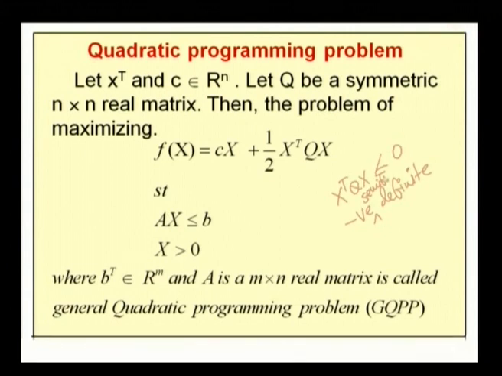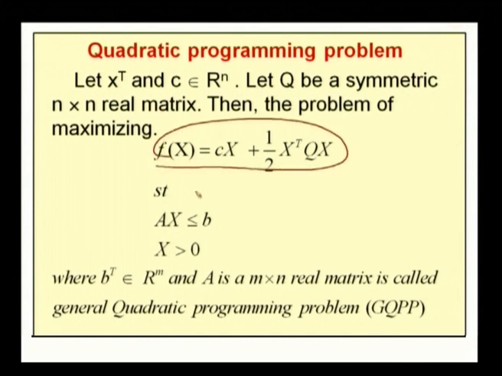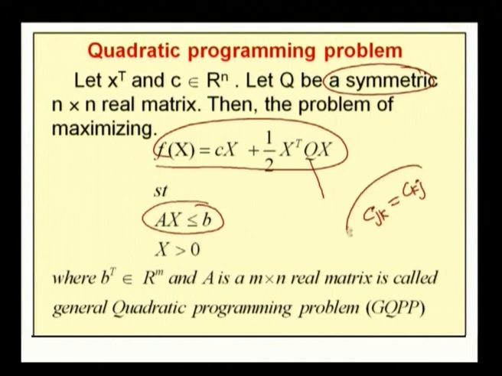So, a QPP involves an objective function in quadratic form subject to the constraints A x less than or equal to b. This Q is a symmetric n cross n real matrix. Suppose Q is represented by Cjk; here Cjk is equal to Ckj, because of symmetry this condition is satisfied.